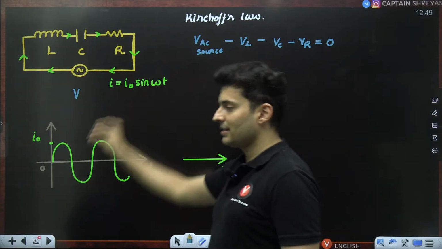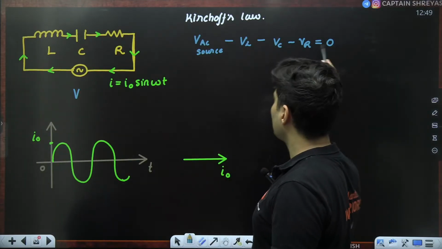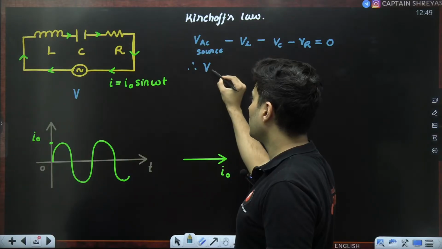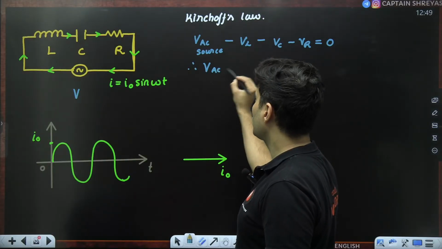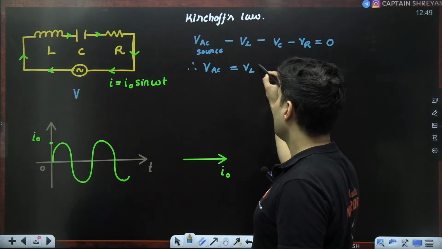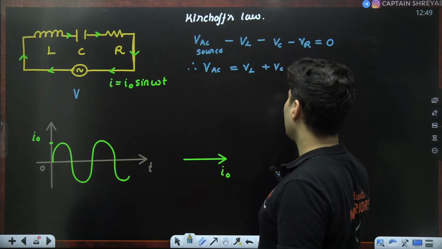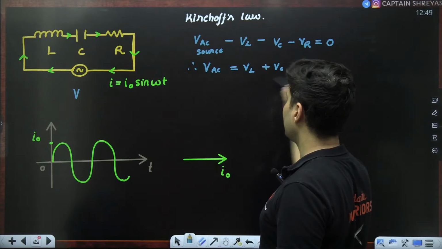Finally, you will get this as 0. So if you move this to the other side, you will get the total voltage of the AC source is voltage across the inductor plus voltage across the capacitor plus voltage across the resistor.